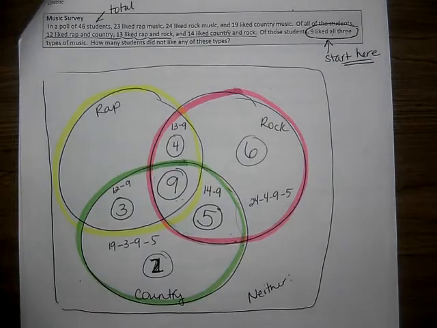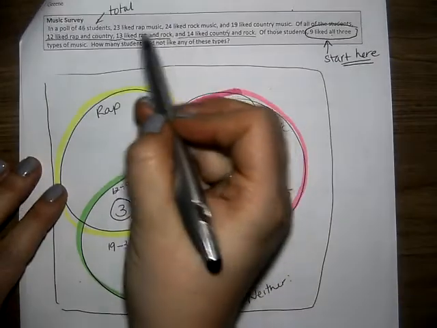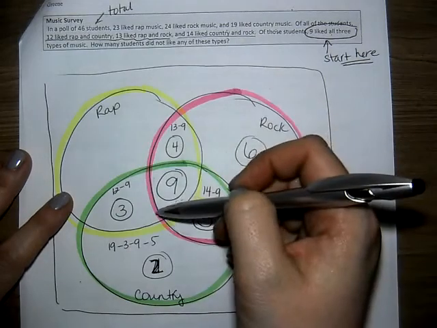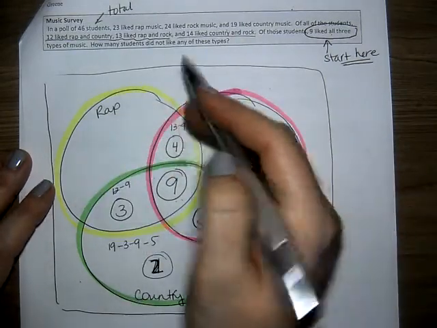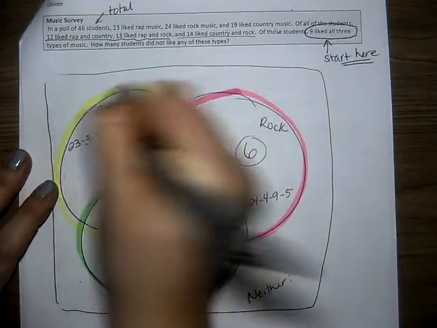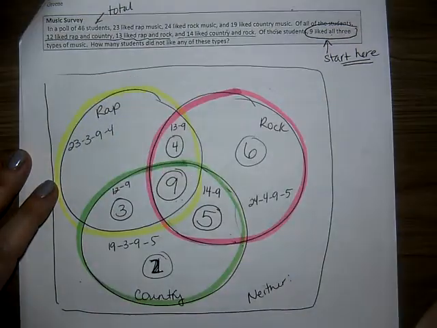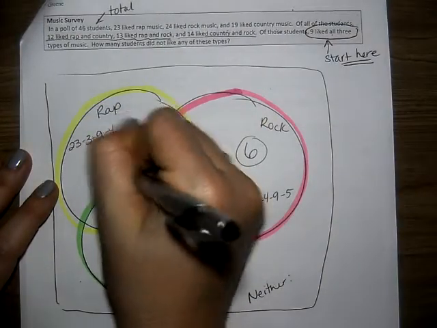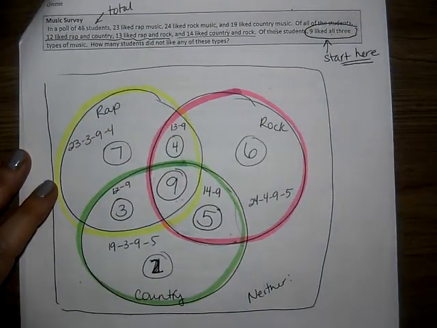No other type. Rap music, there were 23 people total. So think about what you have accounted for within that yellow rap circle. I have to do 23, and I have to subtract the 3, the 9, and the 4. This is what you do every single time. So that leaves 7 people that just like rap, nothing else.